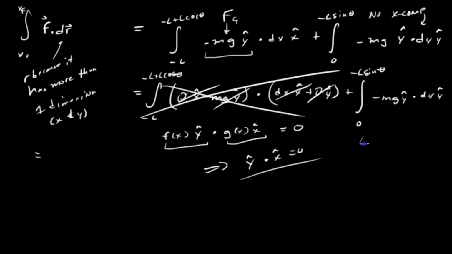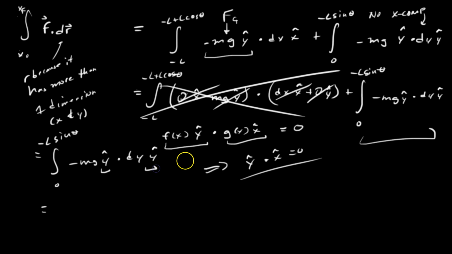So now we're left with this integral over here. 0 to negative L sine of theta, negative mg y hat dot dy y hat. And since we multiply the components and they're the same, we can multiply it. So 0 to negative L sine of theta. So let's multiply the components.